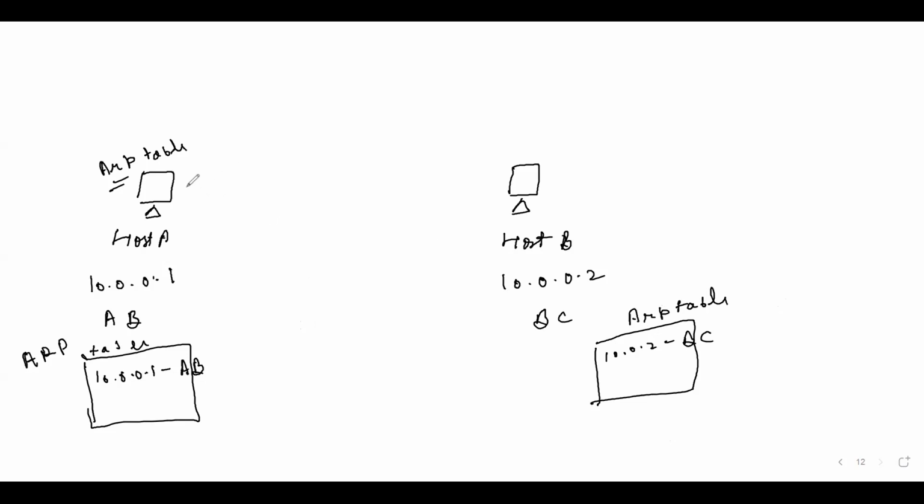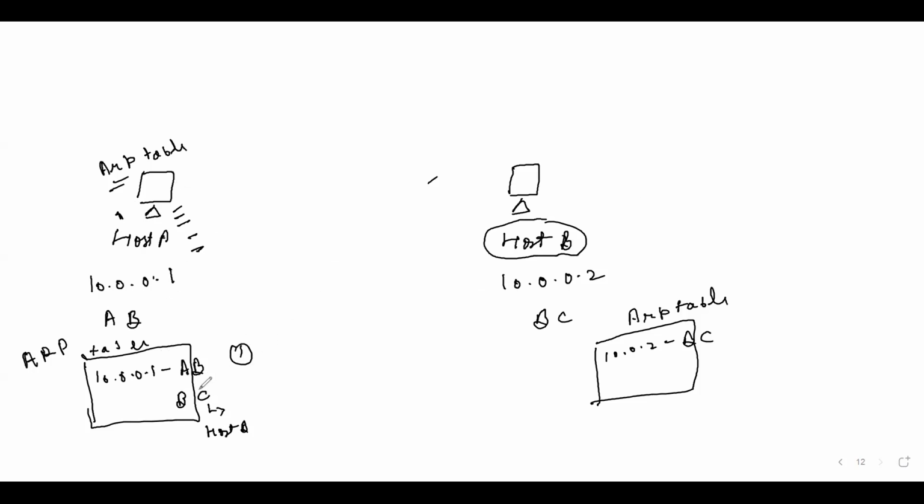But this PC wants to communicate with this PC, so this PC needs information, right? This host A knows only the MAC address of host B. Host A says, I want to know the IP address of host B, but I have only the MAC address. So first, it will check in the ARP table.